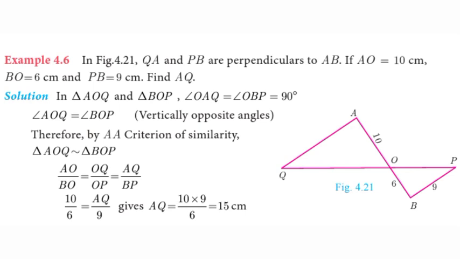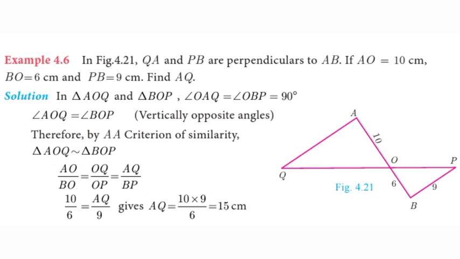Angle A and angle B equal 90 degrees. Therefore, these are vertically opposite angles, so angle AOQ equals angle BOP. Therefore, by the angle criterion, triangle AOQ is similar to triangle BOP.